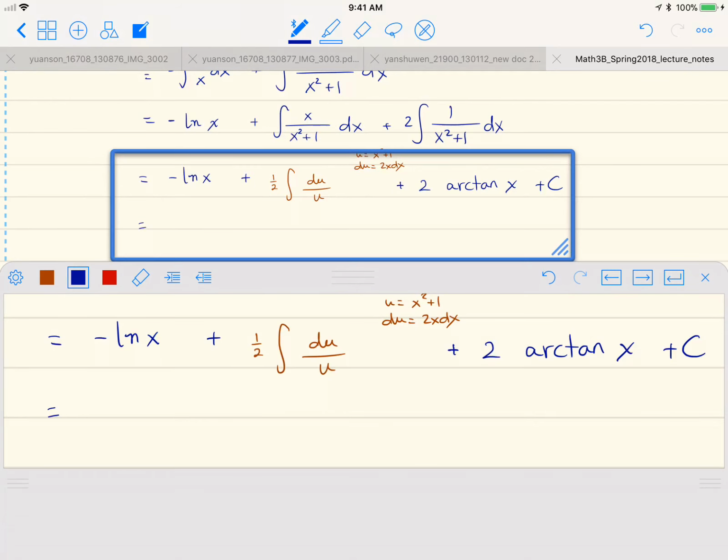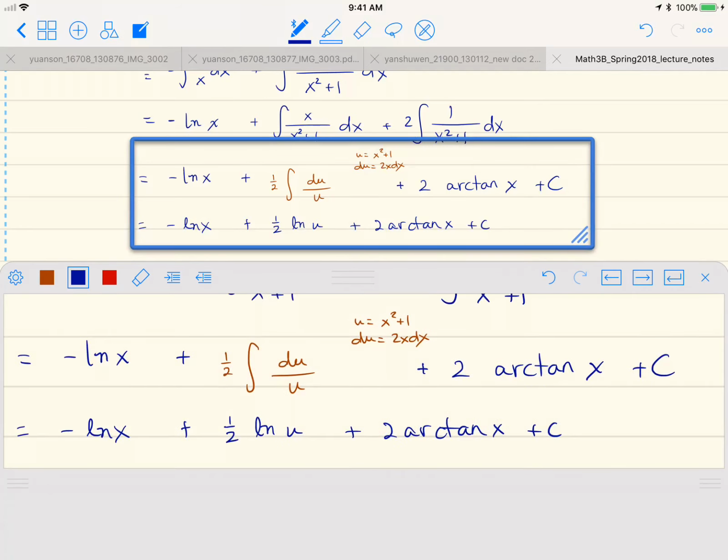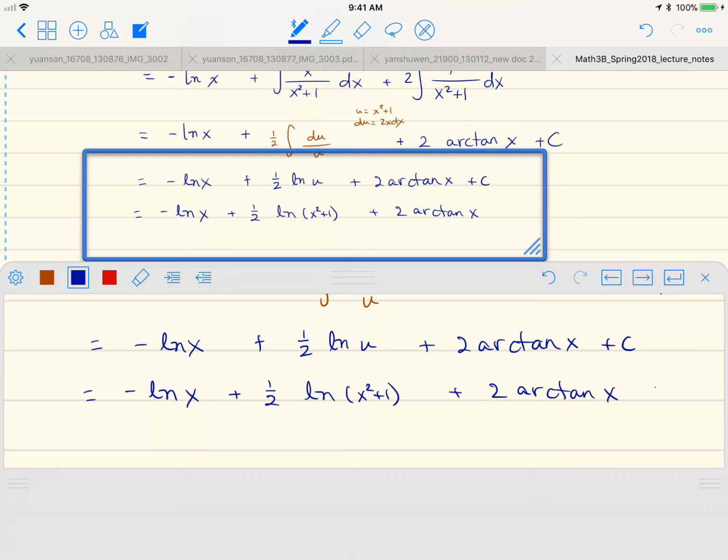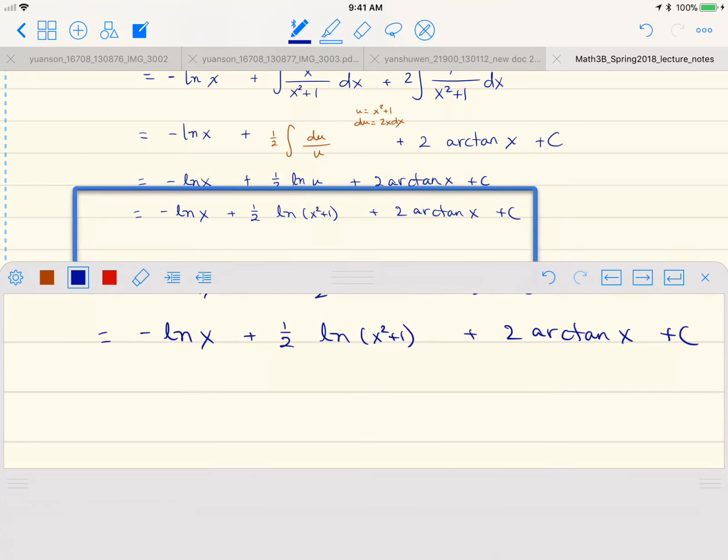Now let's evaluate this. This will be 1/2 natural log of u, plus 2 arctan x plus a constant. U really was x squared plus 1. So we'll have negative natural log of x plus 1/2 natural log of x squared plus 1, and then plus 2 arctan x plus constant.